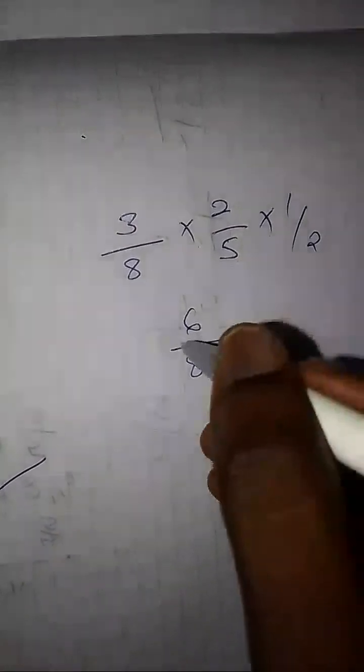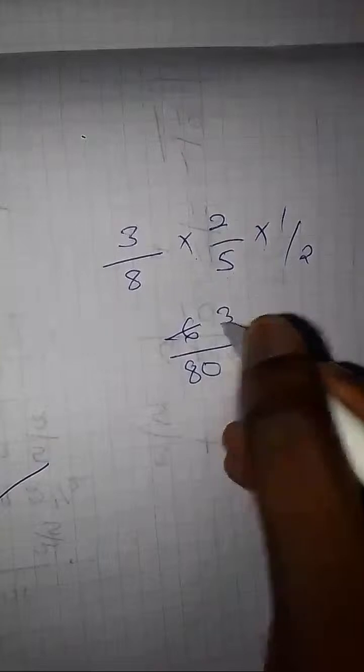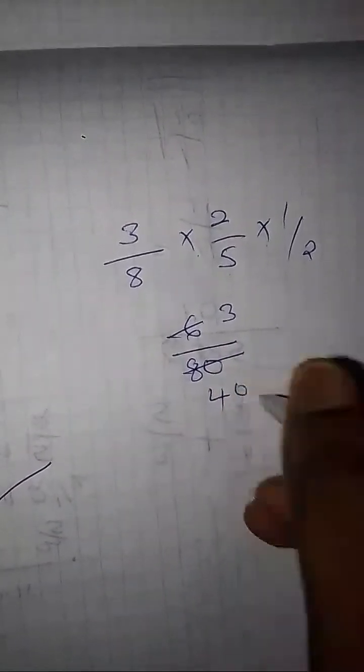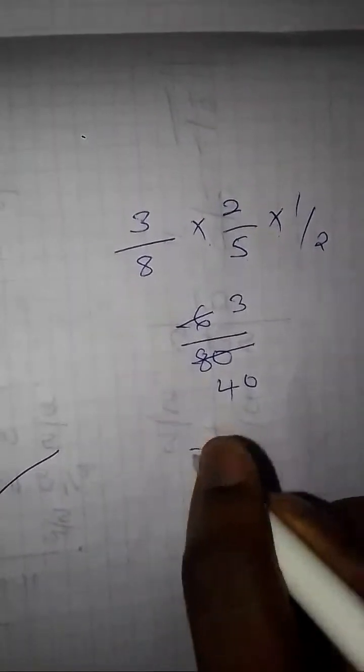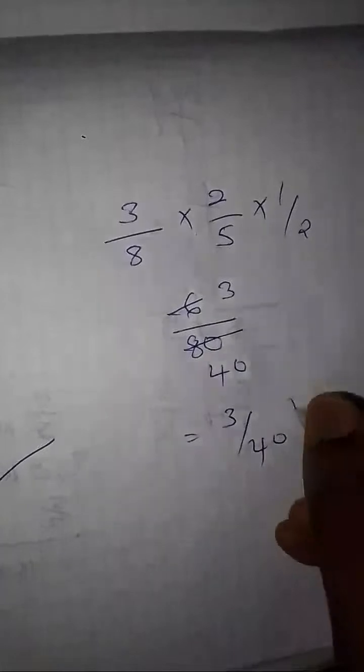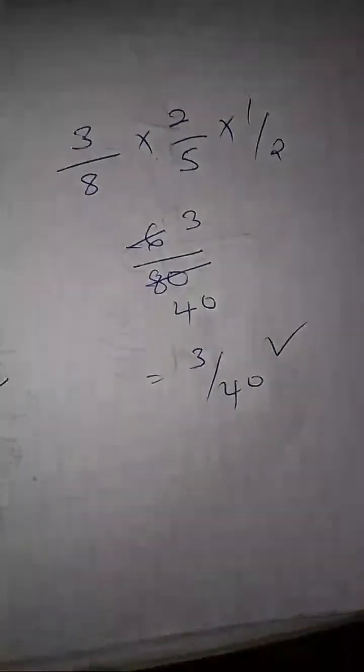So let's pick 2. 2 goes into 6, 3 times. 2 goes into 80 how many times? 40 times. So our answer now becomes 3 out of 40. These ones are how we work out the sums to do with the multiplication side.